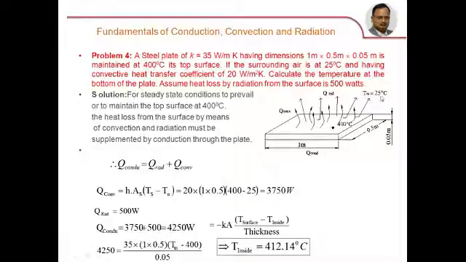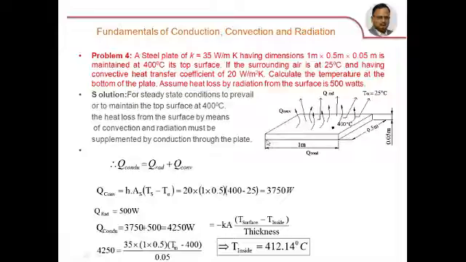Surroundings are at 25 degrees centigrade, having convective heat transfer coefficient of 20 watts per meter square Kelvin. Calculate the temperature at the bottom of the plate, this point. Top of the plate is given as 400. What is the temperature at this point? Assume heat loss by radiation from the surface is 500 watts. It's a very interesting problem.